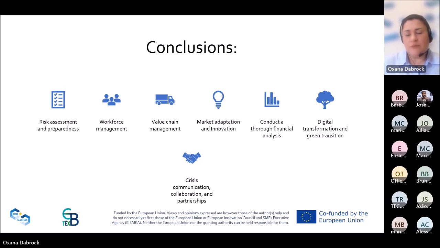As well, one of the risks is a lack of skilled workforce. So for this, we would need a workforce management or to plan a strategy for the workforce or skilled people, personnel, as well to increase the attention or to look for value chain management.